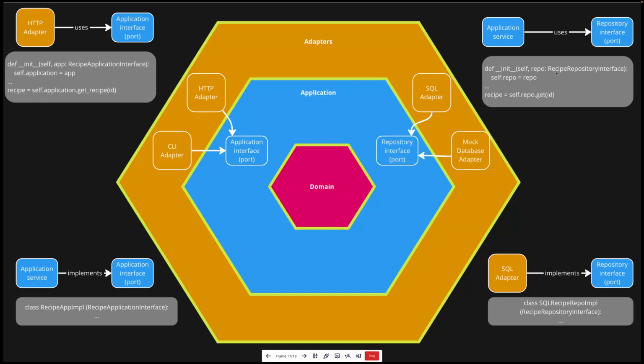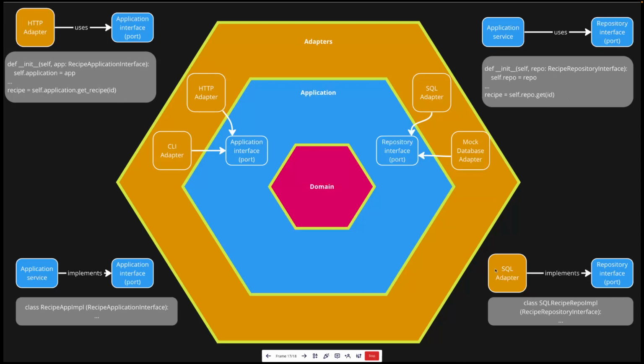And you can imagine here that when we create our application, in the initializer, we will get something like repo, and then we need someone to provide us a repository, an implementation of this interface. And then later, when we need to get a recipe, we just say, hey, repo.get or repo.get_by_id.